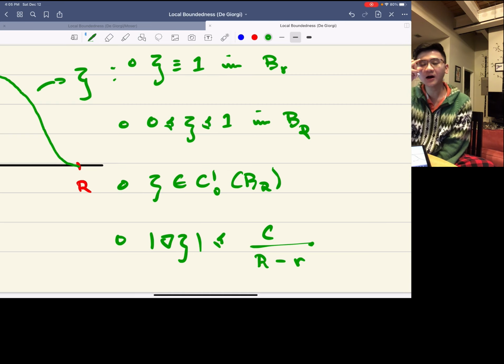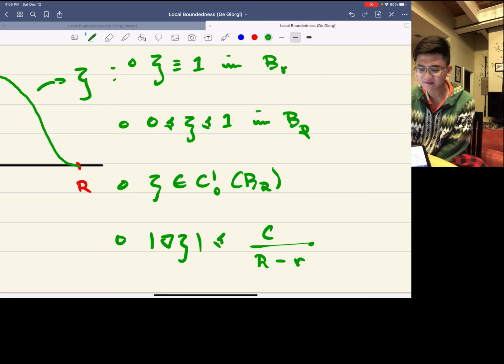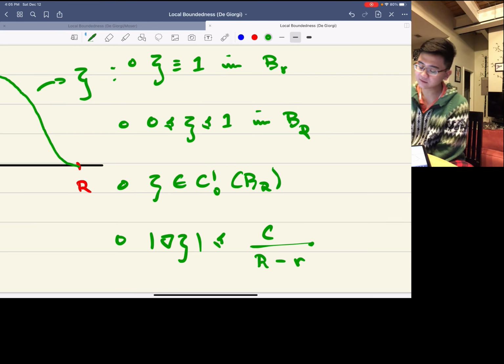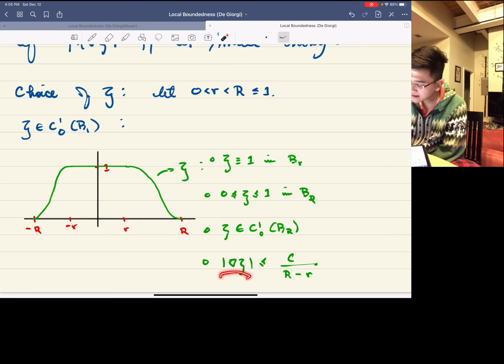Now there is a construction for such a zeta, and it involves using mollifiers. Maybe at some point we're going to talk about that, but for now, let us be content with the fact that we can choose such a zeta, and it makes sense that the control on the gradient blows up. We lose control as little r goes to big R, and it has something to do with the steepness.